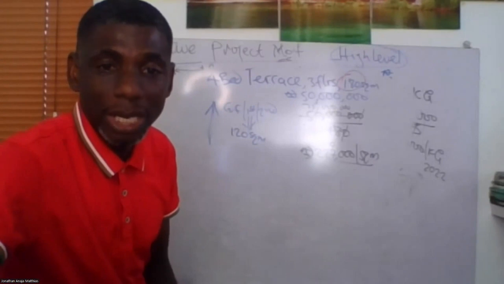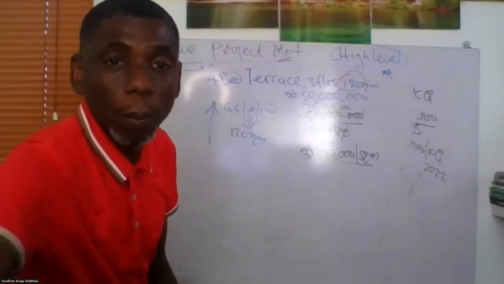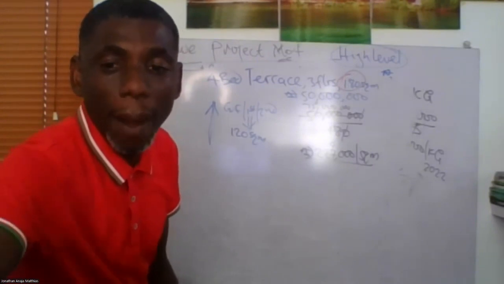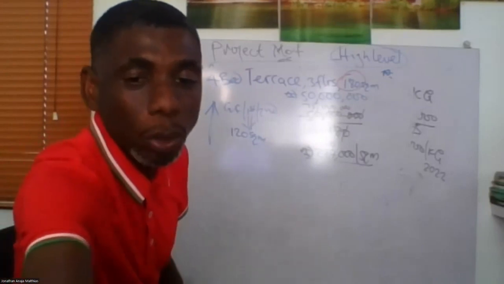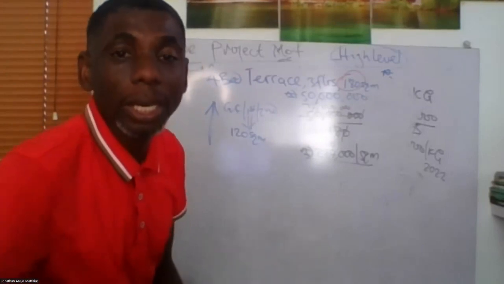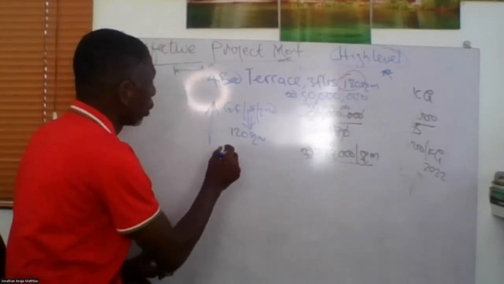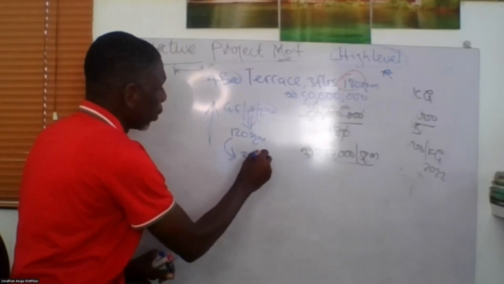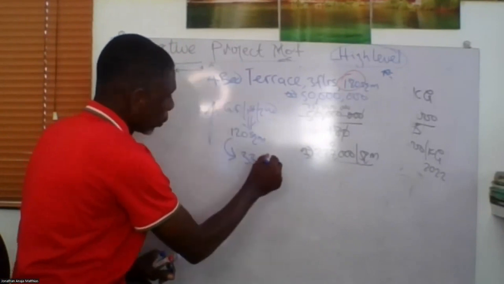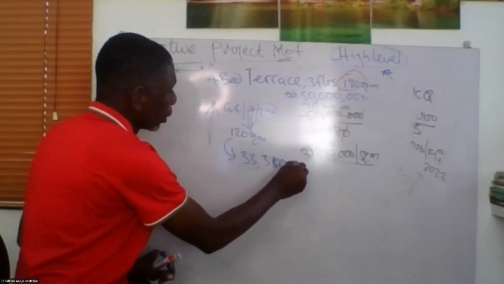So what do I do to give Mr. Ini a rough estimate? I will just say 277,000 naira multiplied by the area of his own design, which gives me 33.33. So Mr. Ini's project is approximately 33.3 million naira, right?